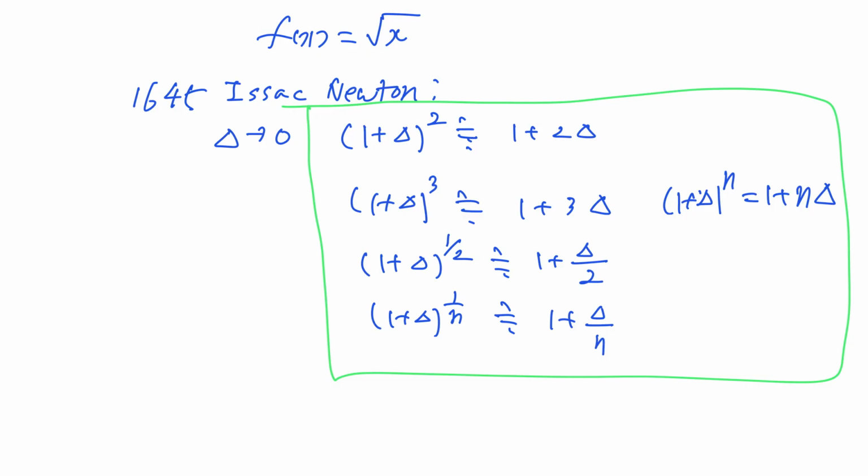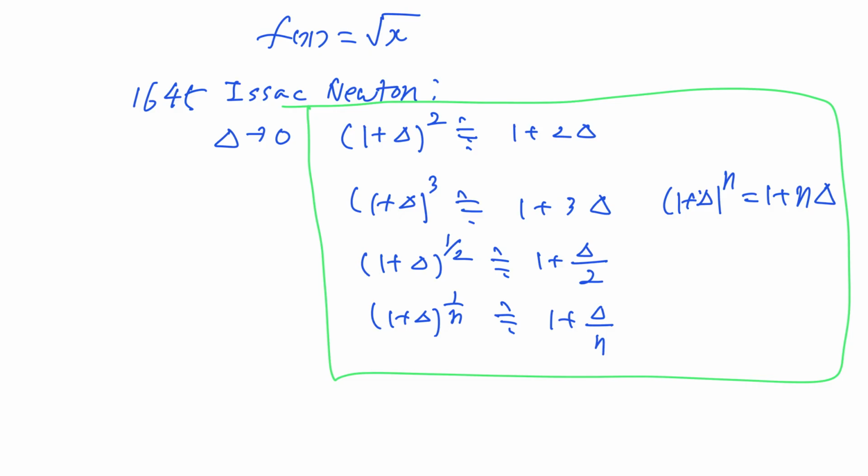So anybody who has a calculator, an engineering calculator, you can calculate with delta of 0.1. What do you get? The square root of 1.1 is roughly 1.05, right? 1.04 something, 48.